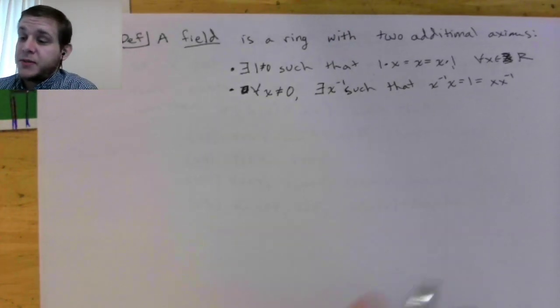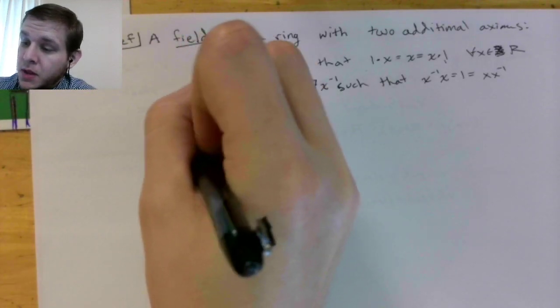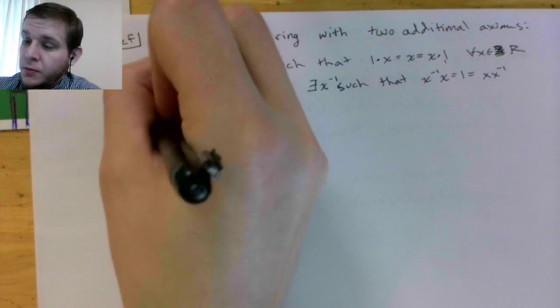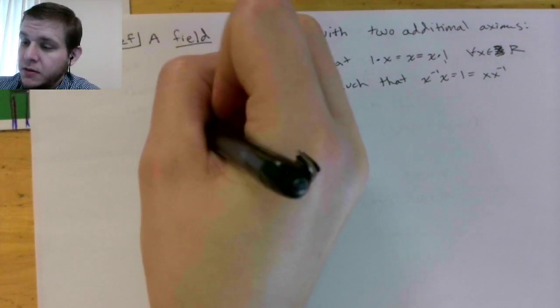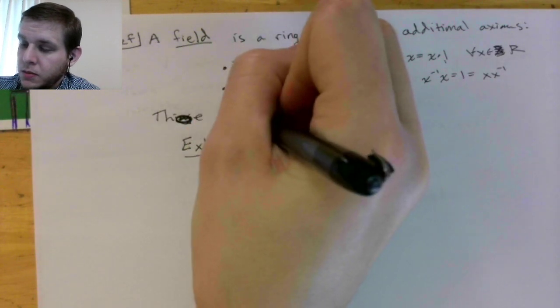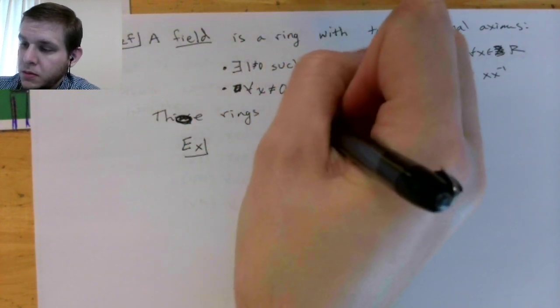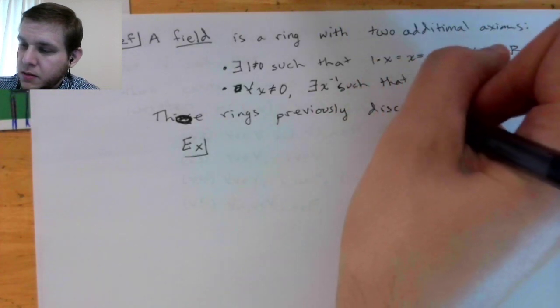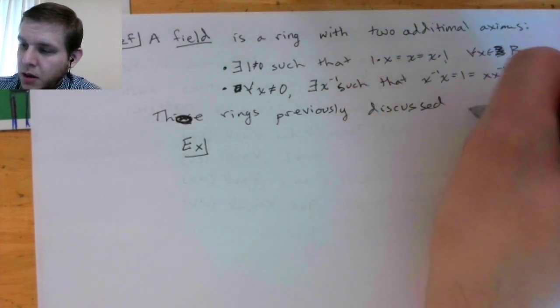Right, so what are examples of fields? So the examples that I gave before of rings, the rings we discussed thus far, are not fields.